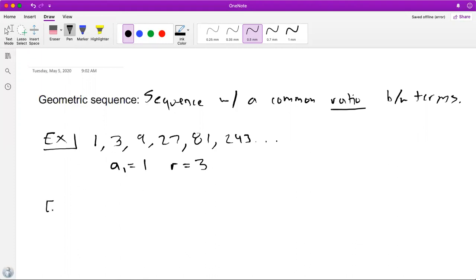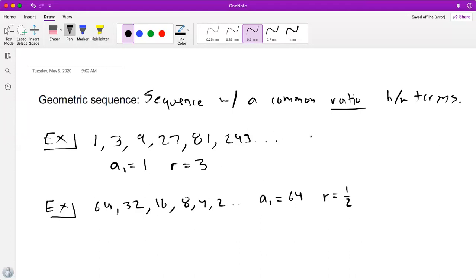Maybe I could have one like 64, 32, 16, 8, 4, 2, whatever. Now my first term is 64, and my common ratio is 1/2. That's basically what you multiply by to get from this term to this one and this one to this one. You multiply by 1/2.